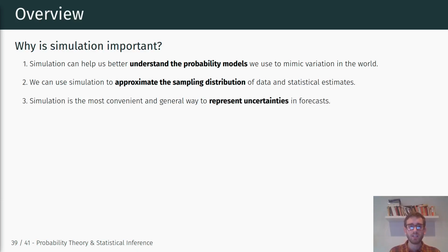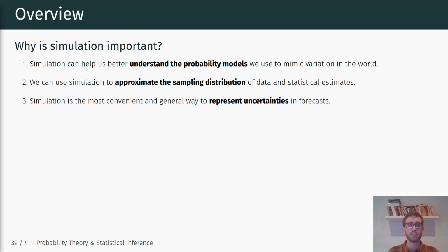And lastly, ultimately, simulation is the most convenient and general way to represent uncertainties in forecasts, okay? Since our regression models are not deterministic, but rather produce probabilistic predictions, we can use simulations to convey and communicate the uncertainty around our models, okay?